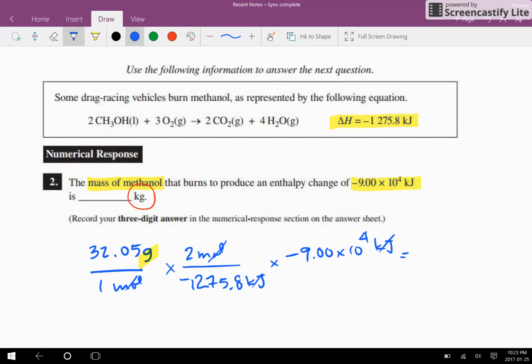Then we multiply that through, and we'll see our answer is in grams of 4,522 grams. But if we express that in kilograms, we get the 4.52, which we would enter as our 3-digit answer in our numerical response box.